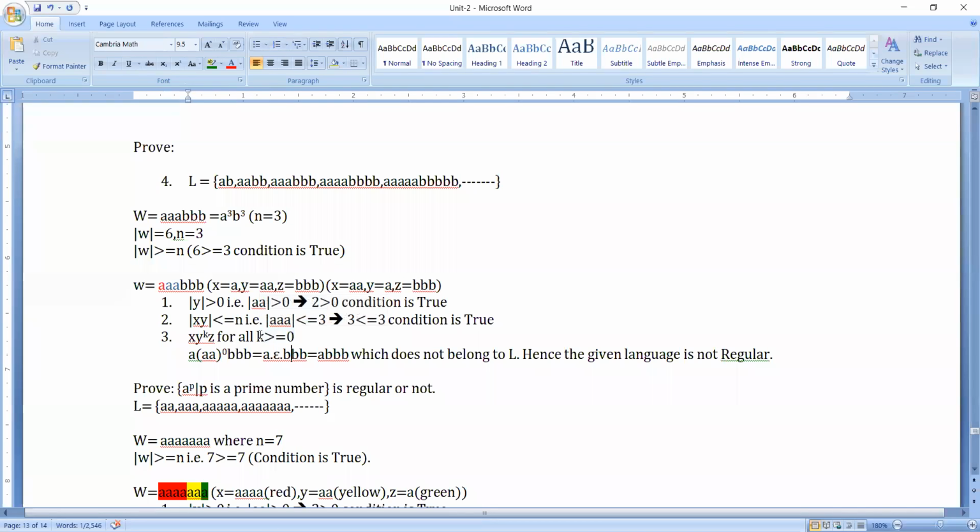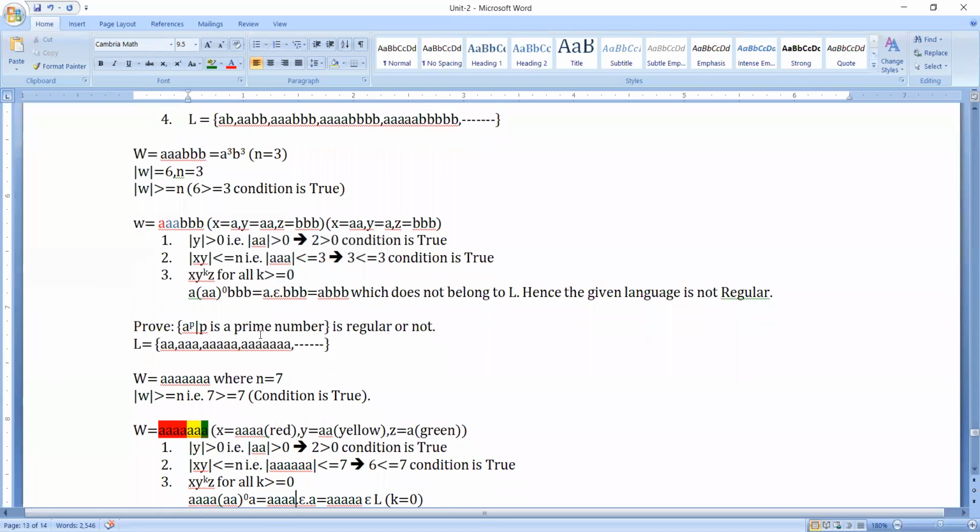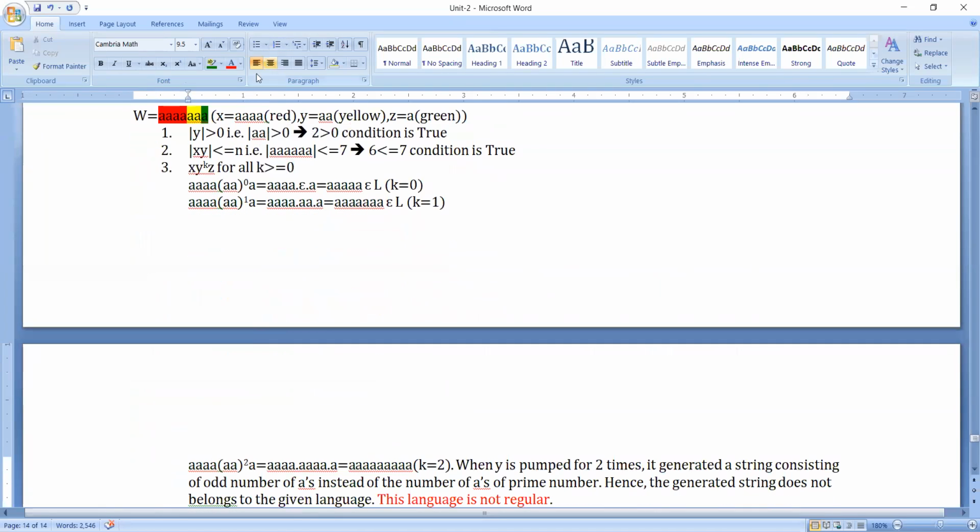But depending on how you divide your x, y and z portions, sometimes you will be able to prove the language is not regular with k equal to 0, and sometimes with k equal to 1 and more than 1 also.